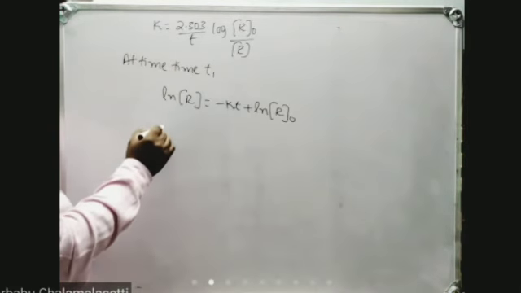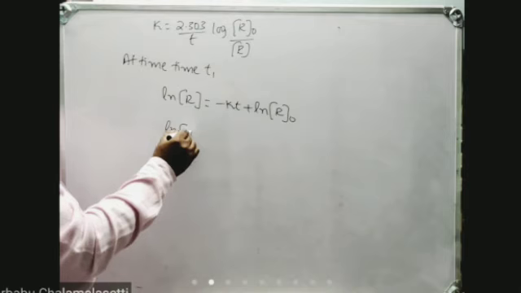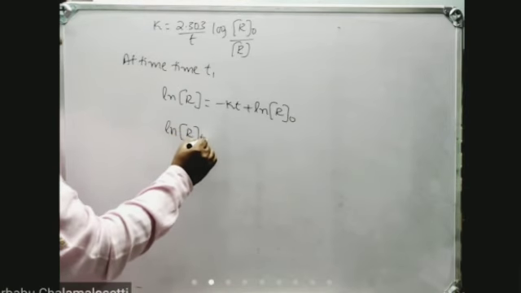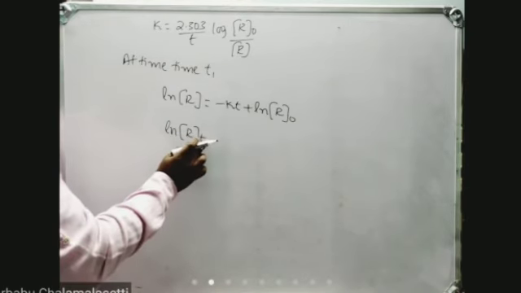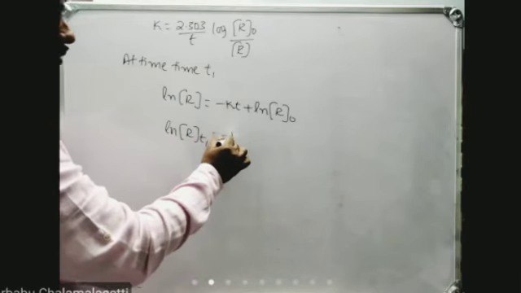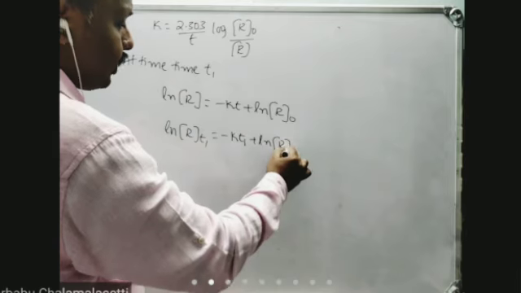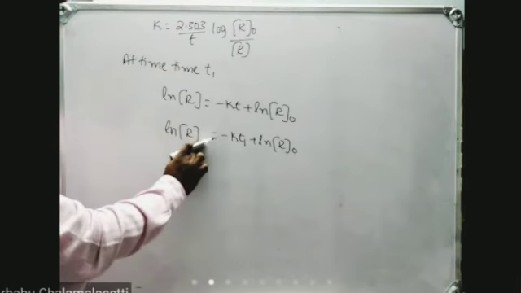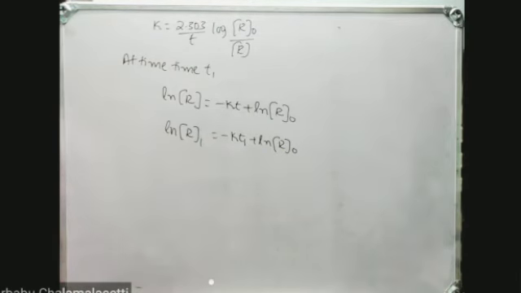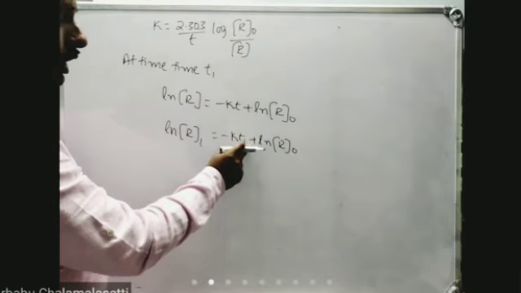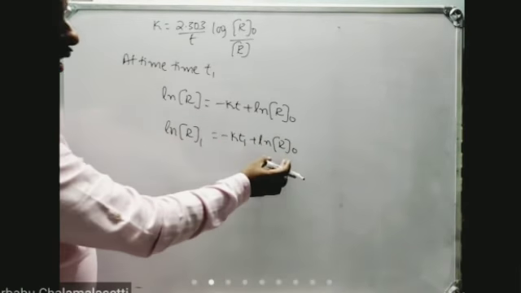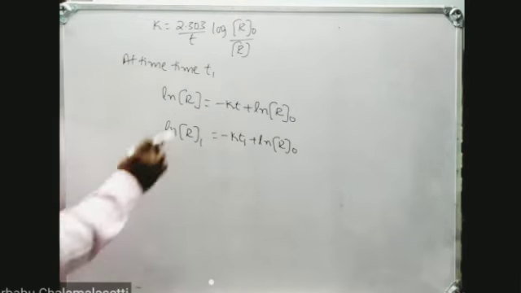At the time T1, ln R1 is equal to minus k into T1 plus ln R naught. The initial concentration has no change.